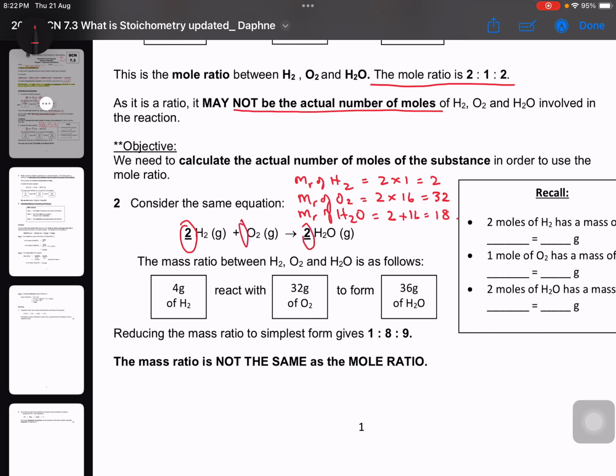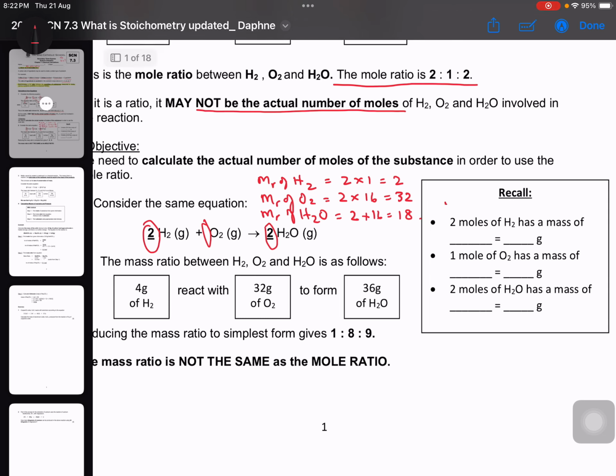If we are calculating mass, mass is equal to mole times Mr. So if we want the actual mass, then we have to take mole, which is 2 for hydrogen, times the Mr, which is 2, which means it's 4 grams.